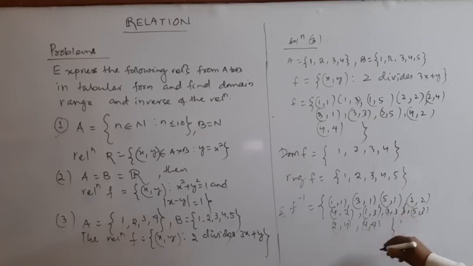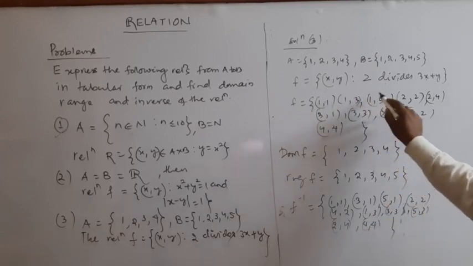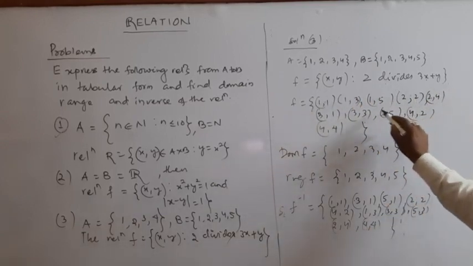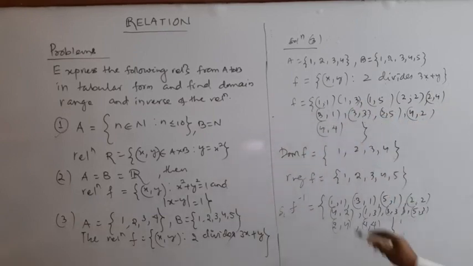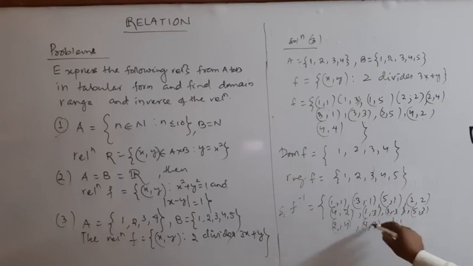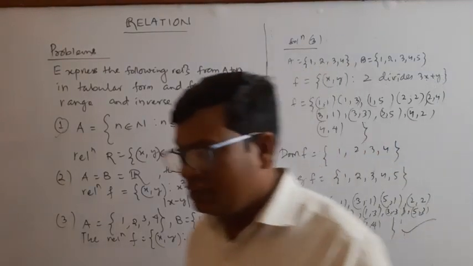So count this: 1, 2, 3, 4, 5, 6, 7, 8, 9, 10. This is R inverse. These are the solutions of the questions.